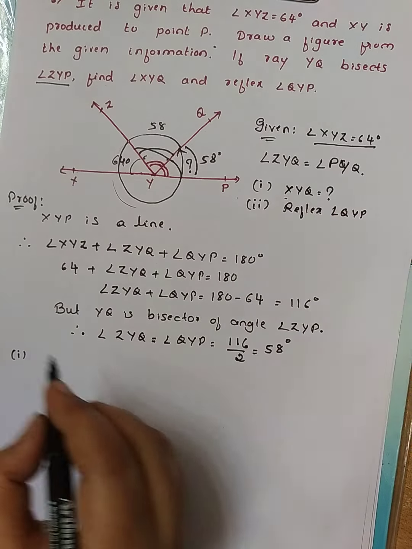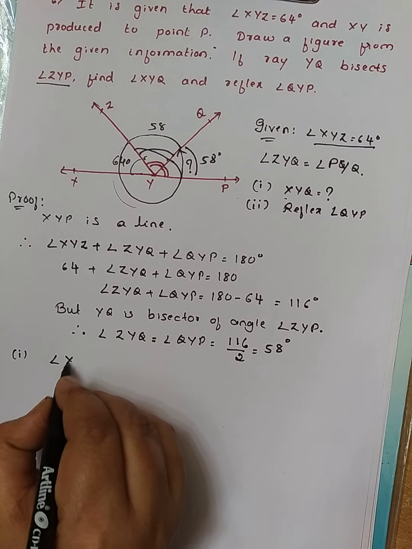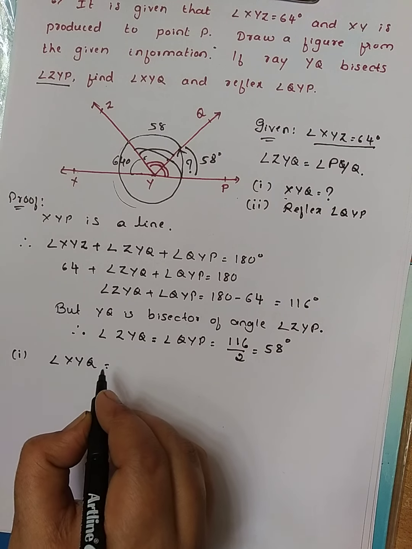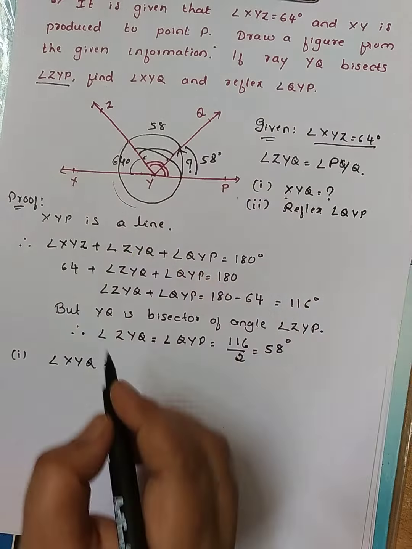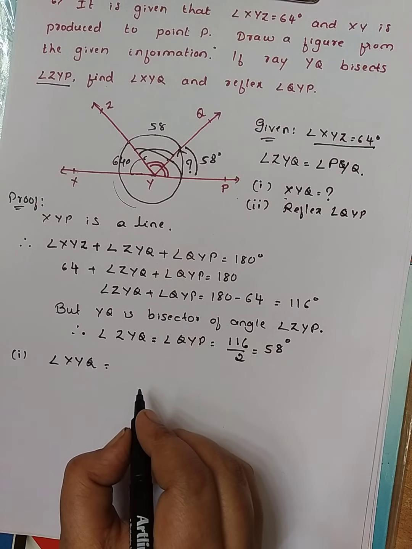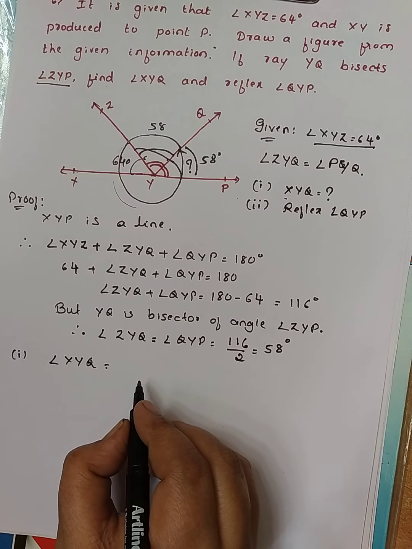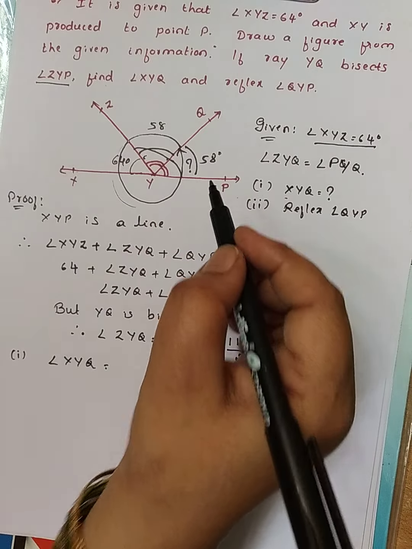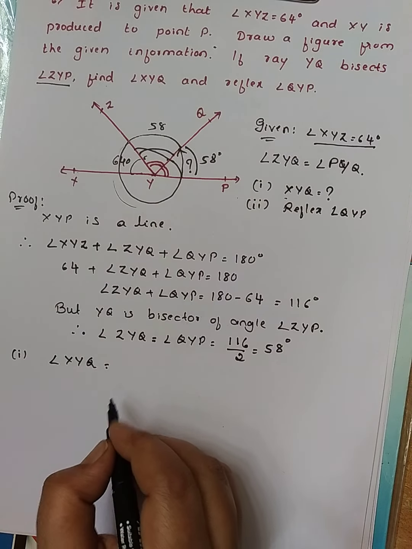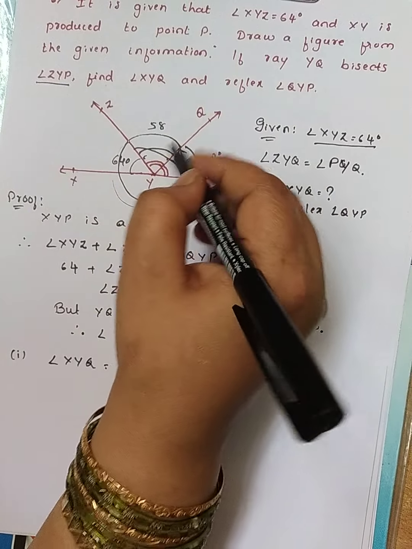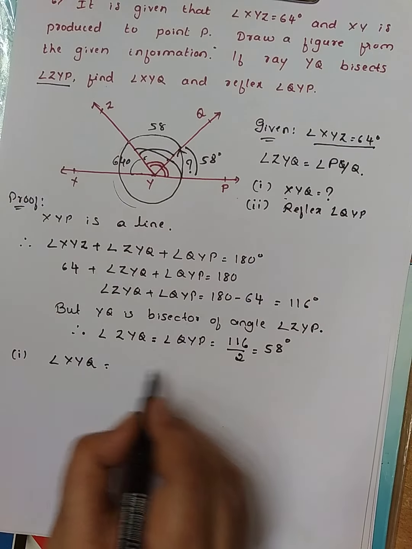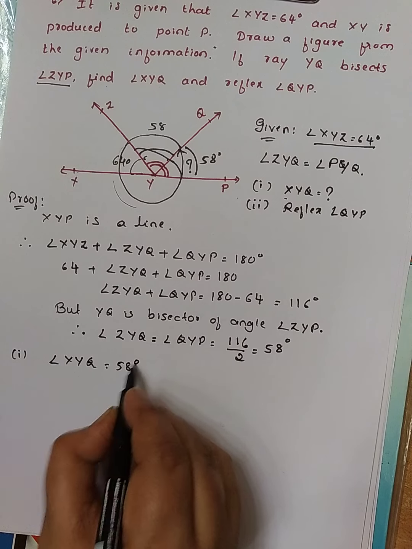The first one is angle XYQ equal to, what is angle XYQ equal to? Sorry, we have found that it is 58 degree.